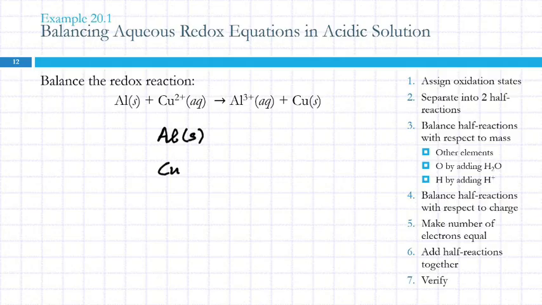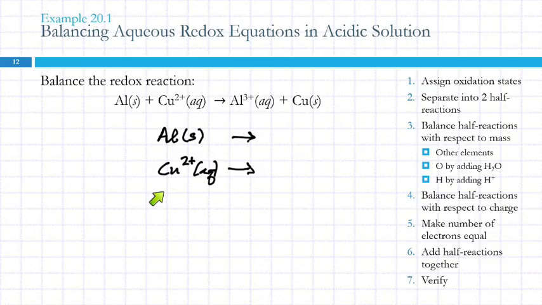So we have two reactants, aluminum and copper ion. I'm going to separate them, one for the first and one for the second. It doesn't matter if you put copper on the top and aluminum on the bottom. Then you look at the products, Al3+.